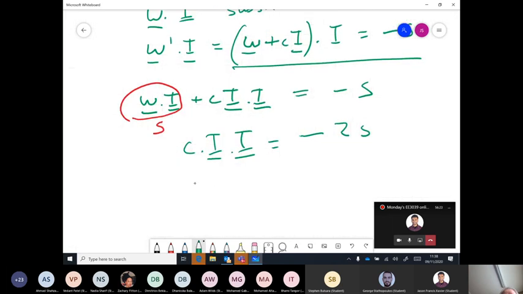So C is going to be equal to minus 2S over I dot I. So we've got a means of updating the weight vector, which will correct it for the current input pattern, which depends upon S, which was the original error, and the current input pattern. So we can train the network to converge using that update factor, providing, of course, the data is linearly separable, and we'll deal with that later on.